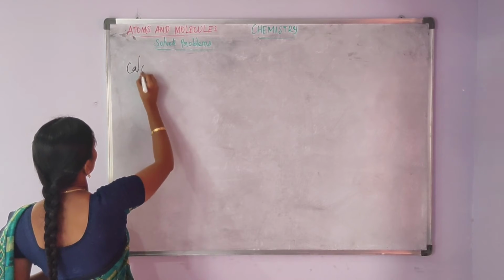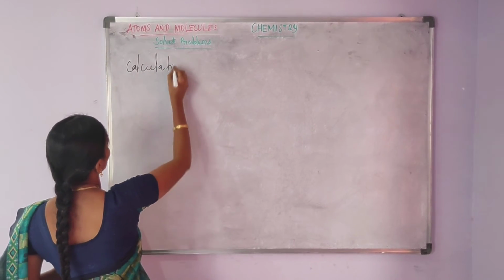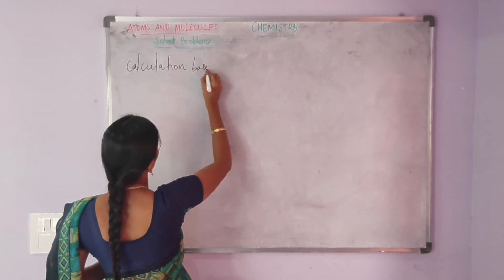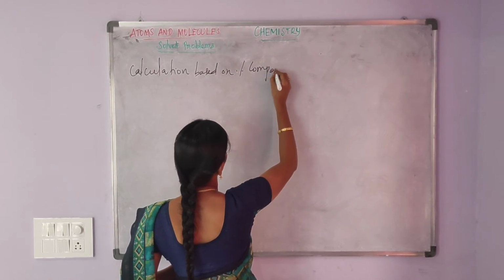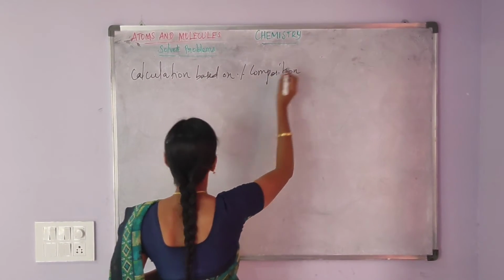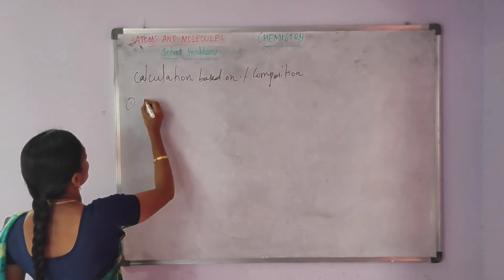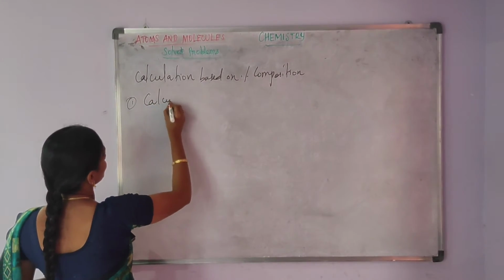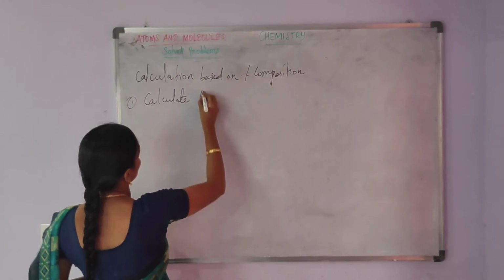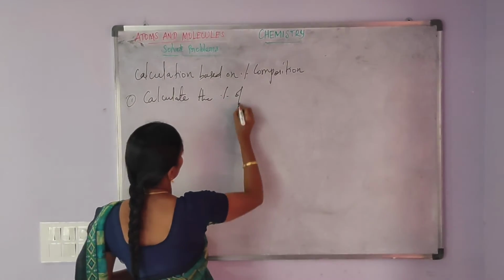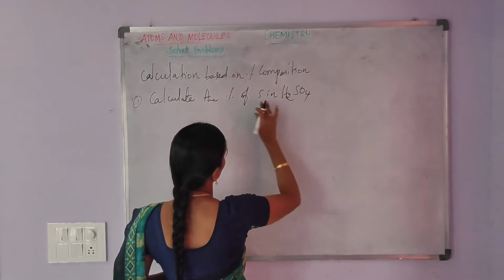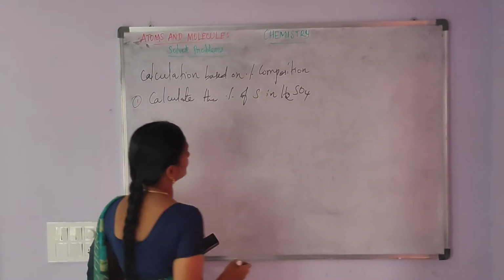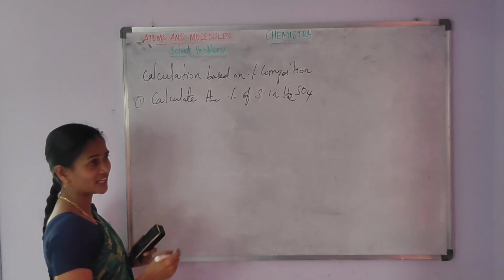The next one is calculation based on percentage composition. The problem is: calculate the percentage of sulfur in sulfuric acid.